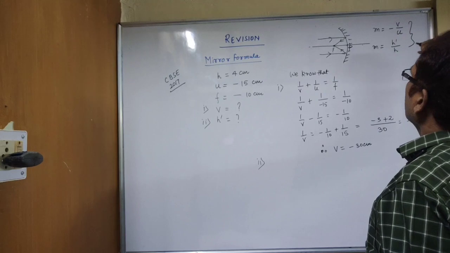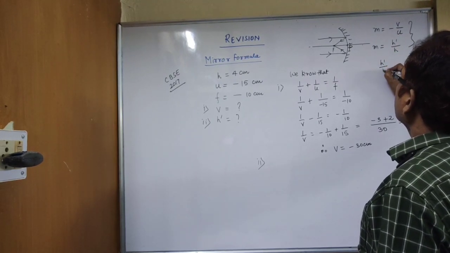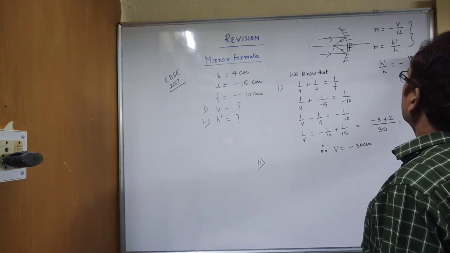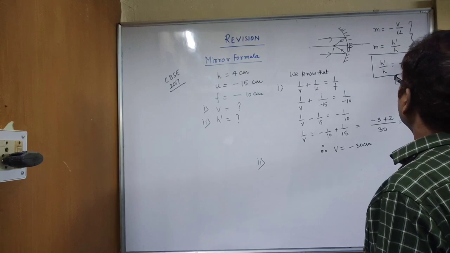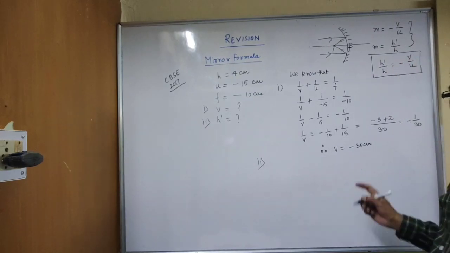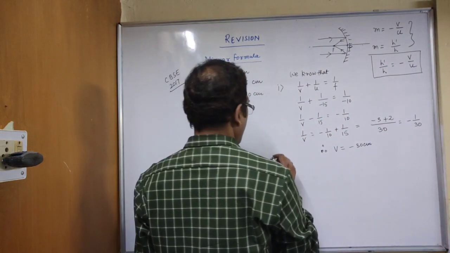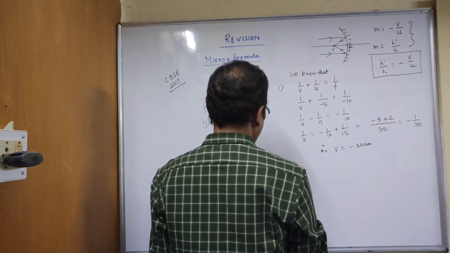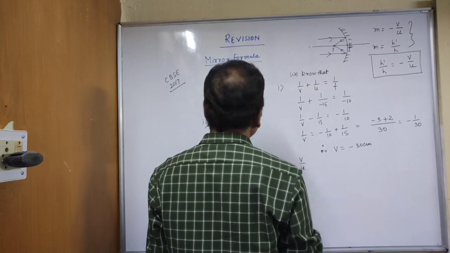If we combine these two equations, we can write h dash by h is equal to minus v by u. This is also an important relationship, and we are going to use it here.